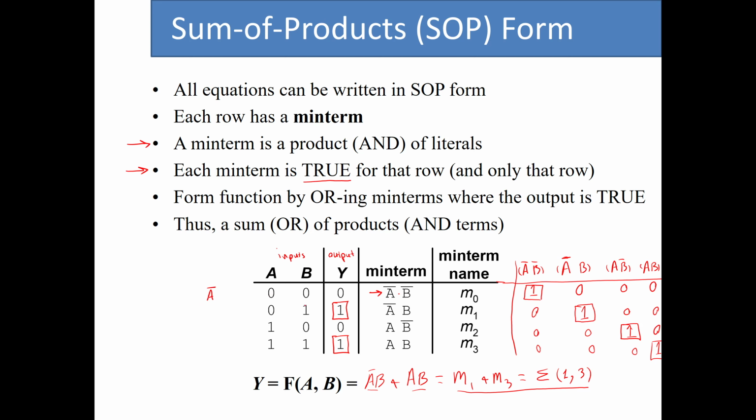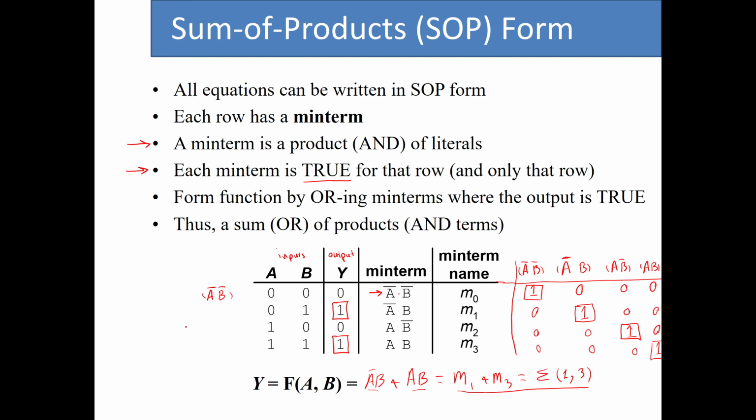If the variable is 1, we have the variable itself. So for example, for this row, to get the minterm, since A is 0, we have A with a bar, so the complement of A. For B, it is the same. B is 0, so we consider B with a bar. So this will be the associated minterm.